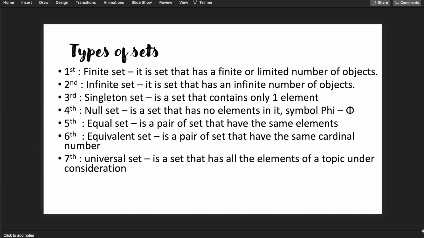Because equivalent sets only have the same cardinal number, not the same elements. So, for example, A equals 1, 2, 3 and B equals 4, 5, 6. They have the same cardinal number, but they don't have the same elements present in them. Therefore, every equal set is an equivalent set, but the converse isn't true. So hope this makes this more clear.